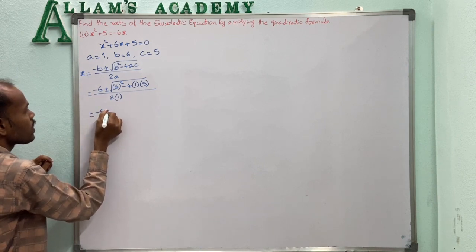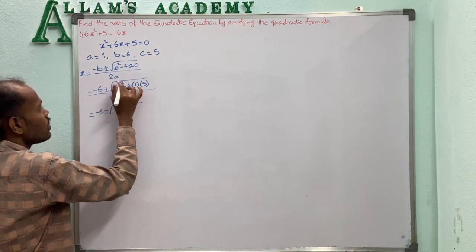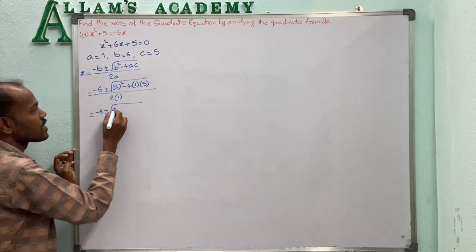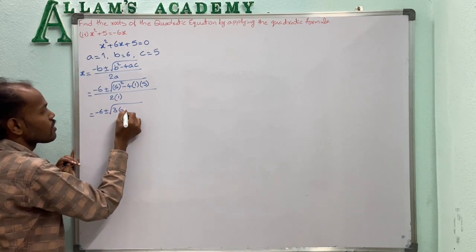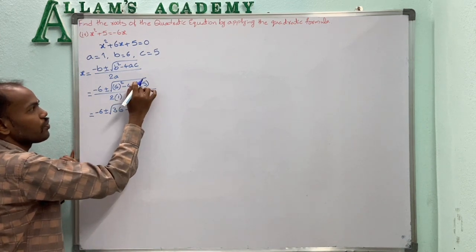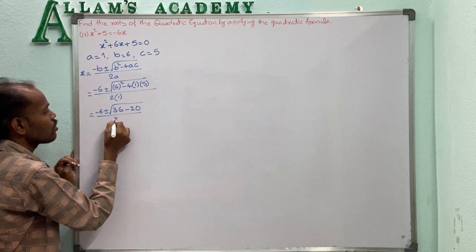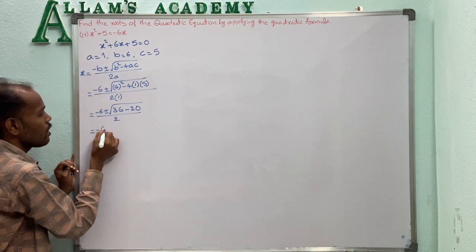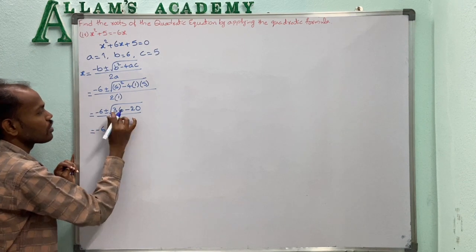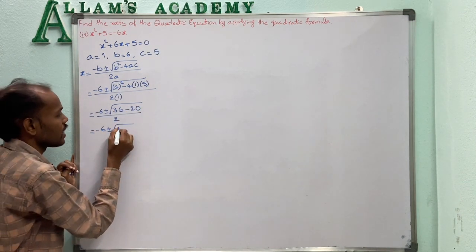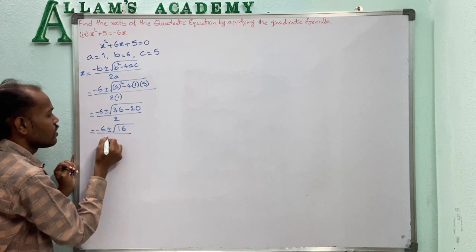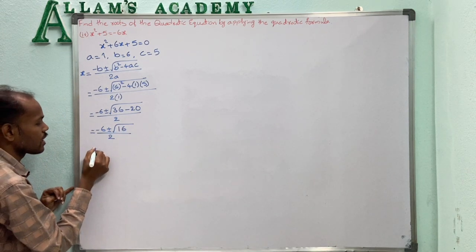So minus 6 plus or minus under root 6 square is nothing but 36, minus 4 1s are 4, 4 into 5 is 20, by 2 1s are 2. So minus 6 plus or minus under root 36 minus 20 is nothing but 16.